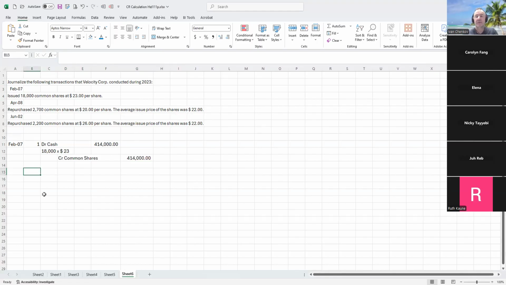Next one. What happened next? On April 08. Debit common shares. We're getting back our common shares.